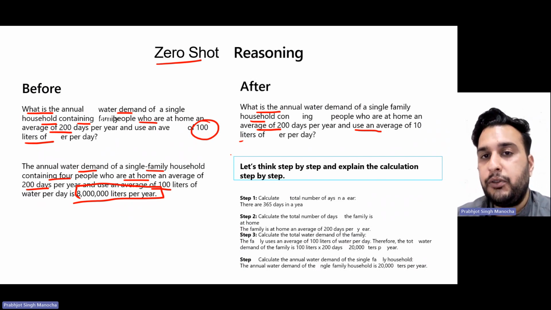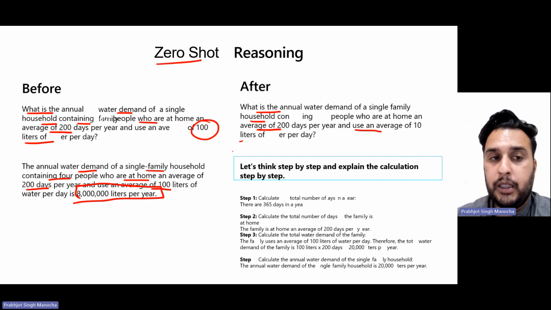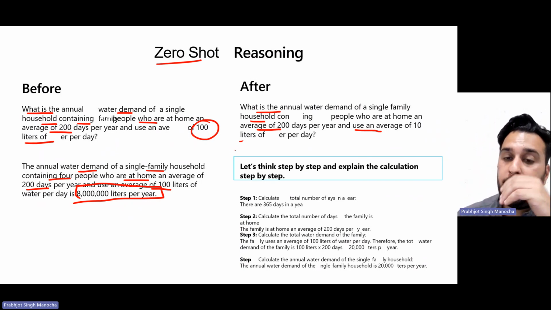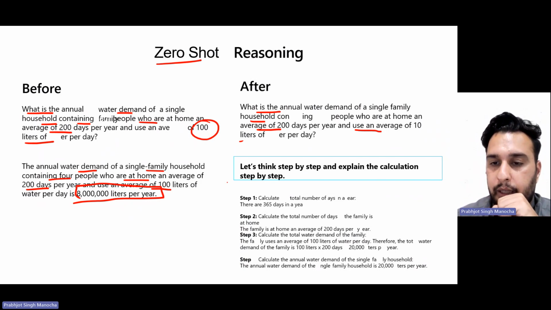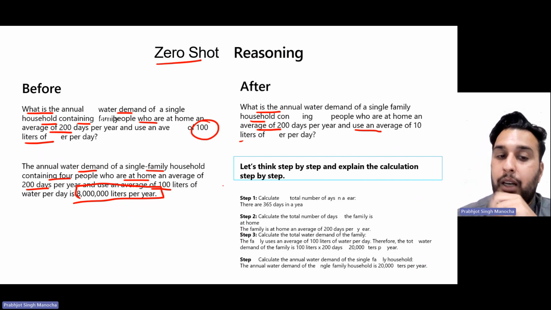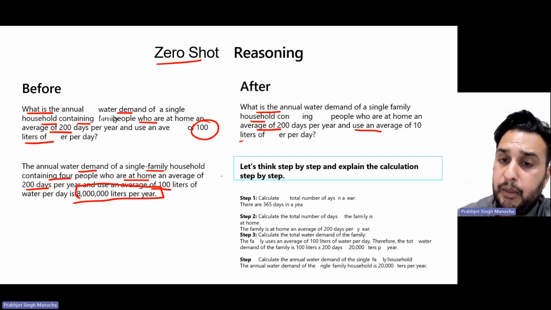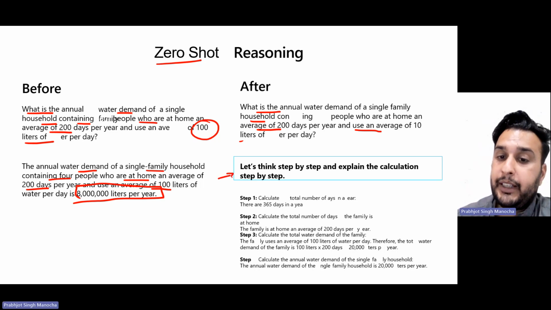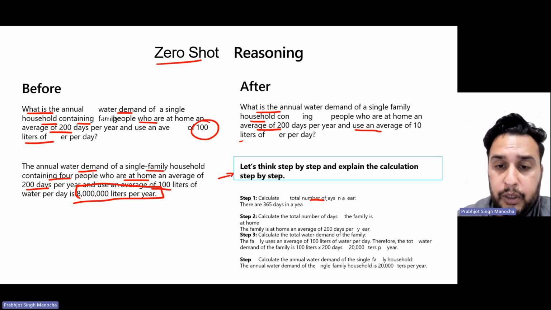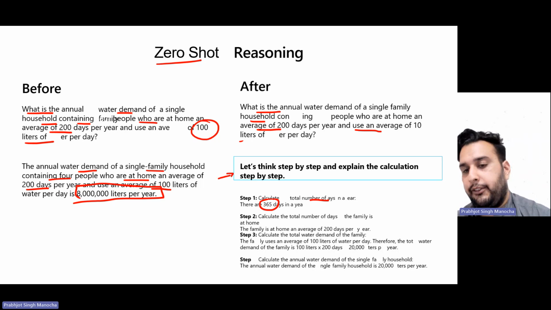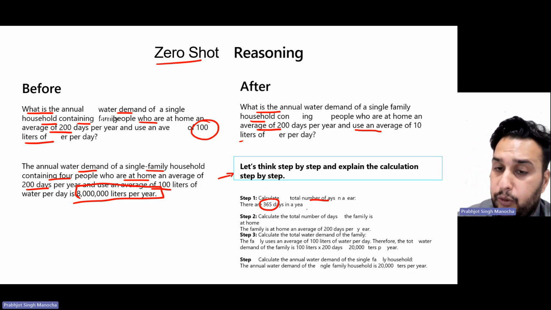So zero shot reasoning prompts are very important in how we divide the problem so that it is understandable to us. Now let's think about it step by step and calculate. Step 1, the number of days we have in a year is 365. Now calculate the number of days the family is at home: 200 days per year they are at home.